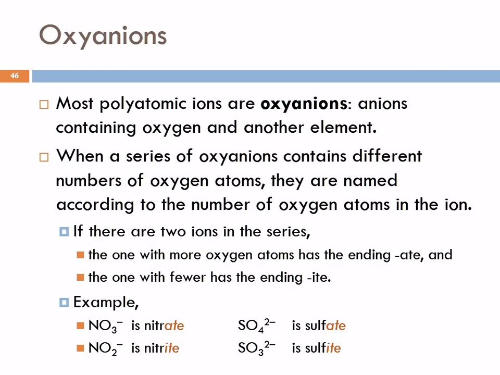With things like chlorine and bromine and iodine, there's actually 4 in this series. And so what we want is the 2 most common to be the ate and the ite, because they're nice and short names. And then we have a prefix that we put on if we've got more or less than these, and that makes the name longer, and we want to avoid long names. That's the best I can come up with.